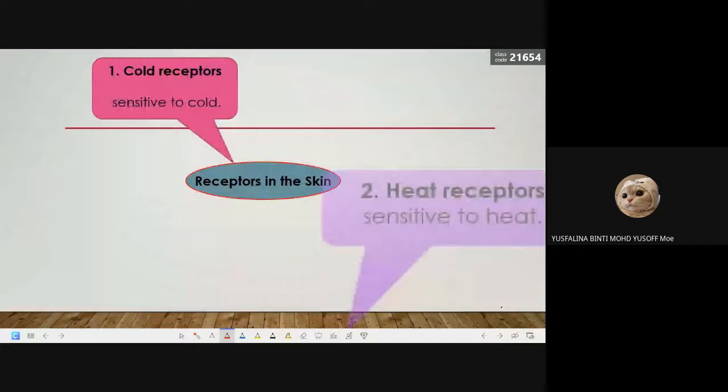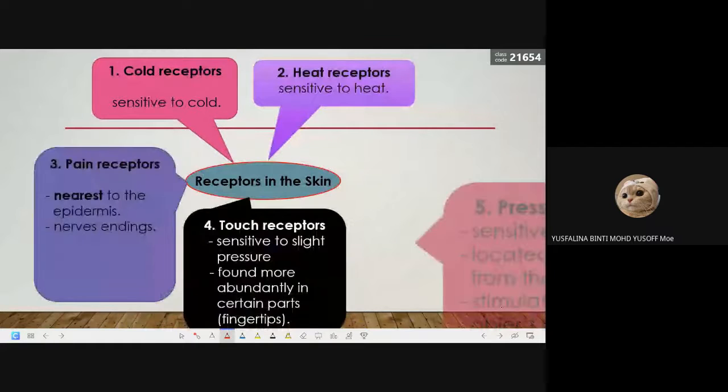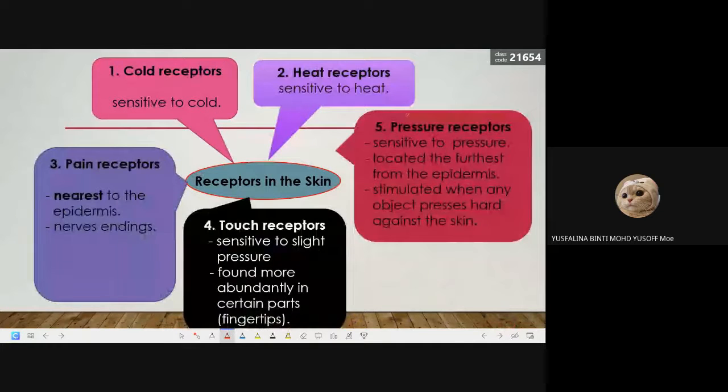So this is the receptor. We already see it. So the pain receptor, I said just now, is nearest to the epidermis, nerve endings. Okay, touch receptor is sensitive to slight pressure, found more abundantly in certain parts. Let's say on your fingertips, right? So it's more sensitive there.